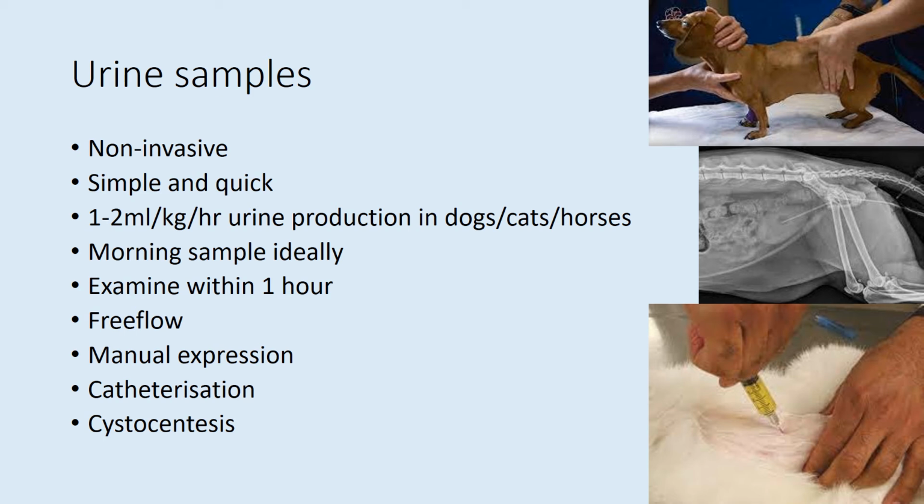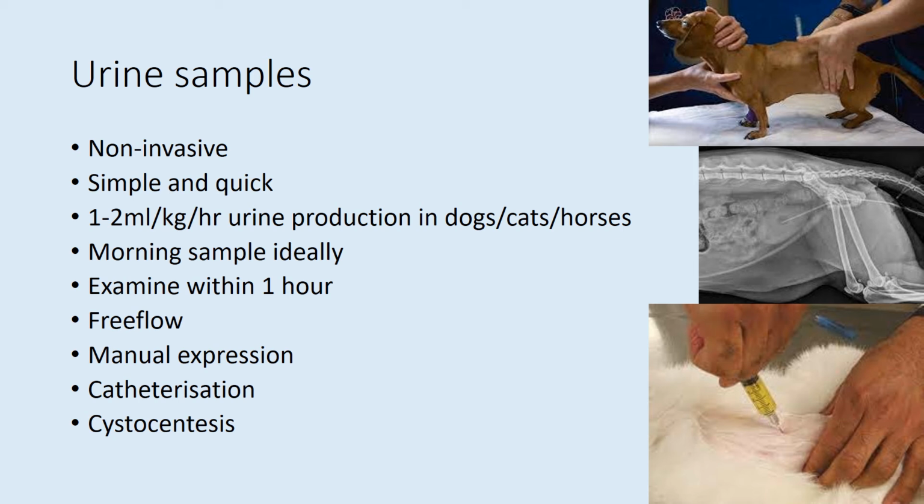And it's just worth bearing in mind that dogs, cats and horses will produce about 1 to 2 ml per kilo per hour of urine. So we can monitor that by collecting the samples if necessary. Now, if we are going to be taking a sample to run, ideally we want to make sure that it is a morning sample, so the first sample of the day, first thing in the morning, and that really helps us to identify the concentration of the urine and to ensure that the kidneys are able to concentrate it.